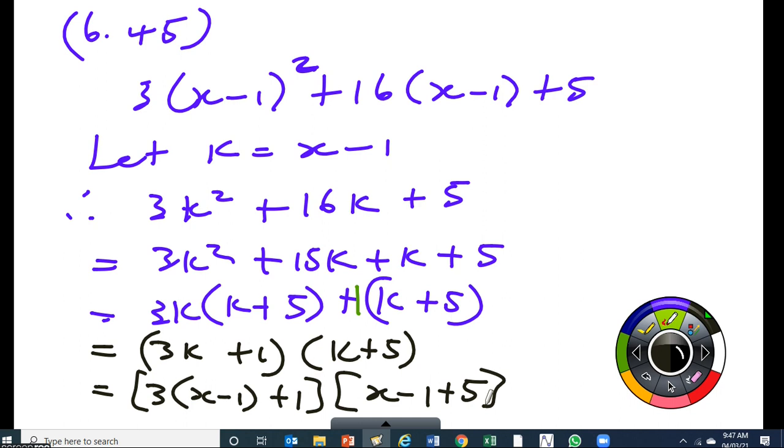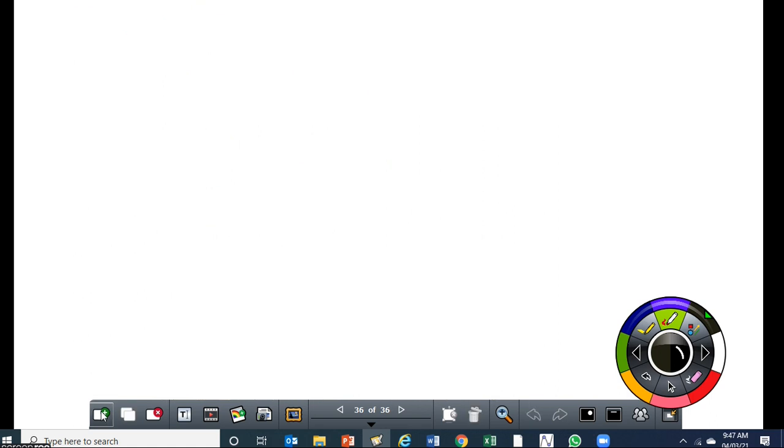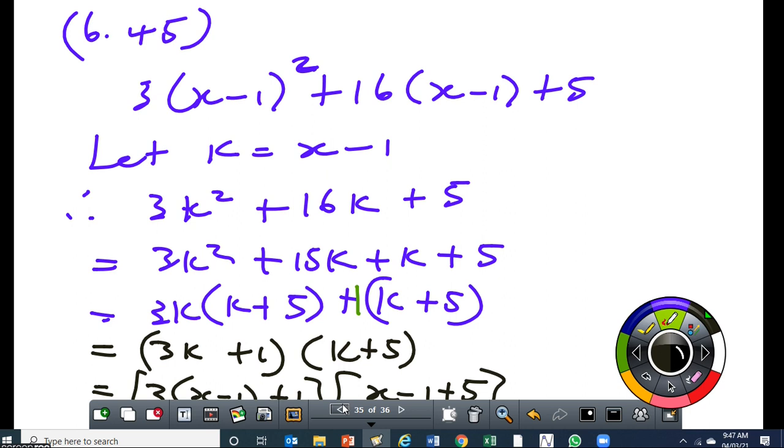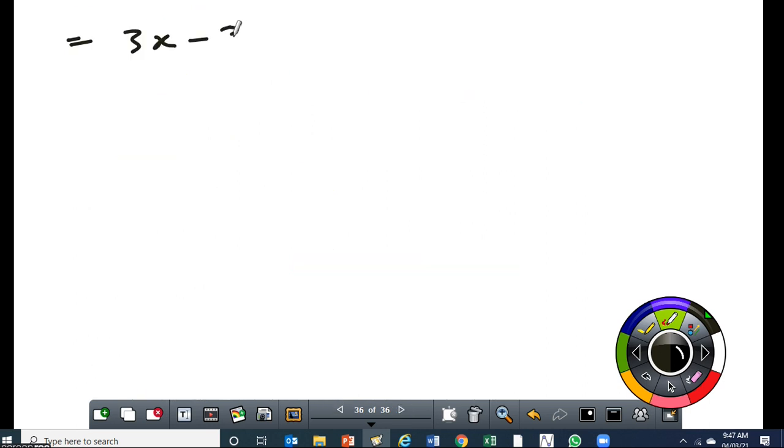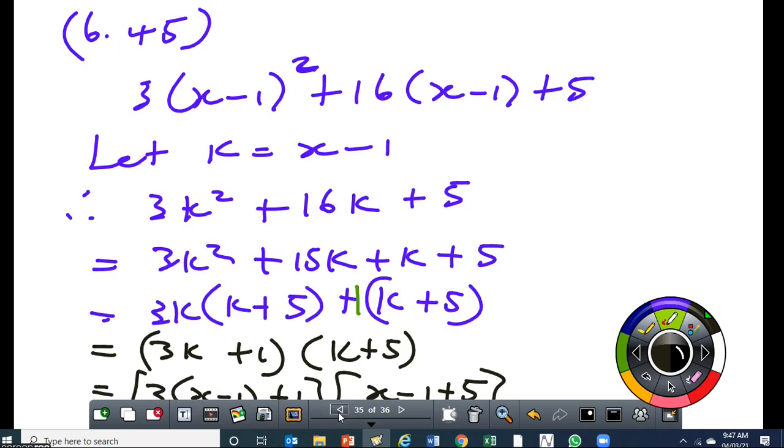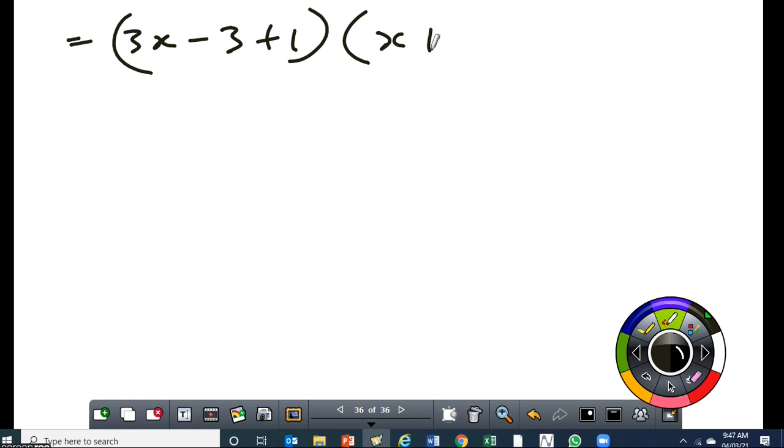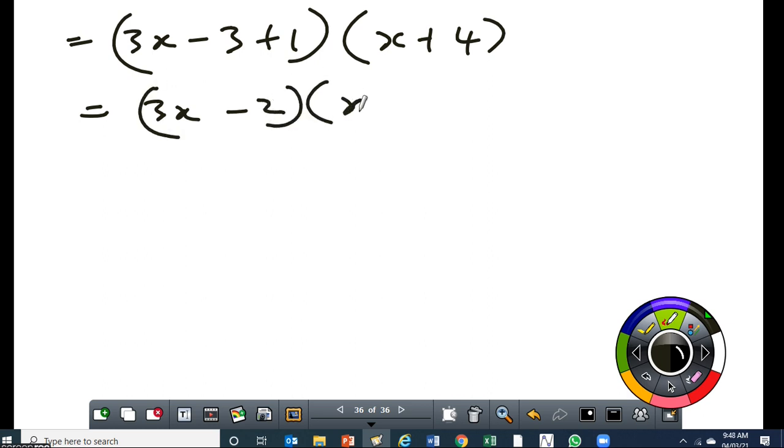So if I move on to the next page, I will have 3x minus 3 plus 1 in one circular bracket. Then the second one is going to be x minus 1 plus 5. That will give me x plus 4. So my final answer was going to be 3x minus 2 times x plus 4. That will be my final answer.